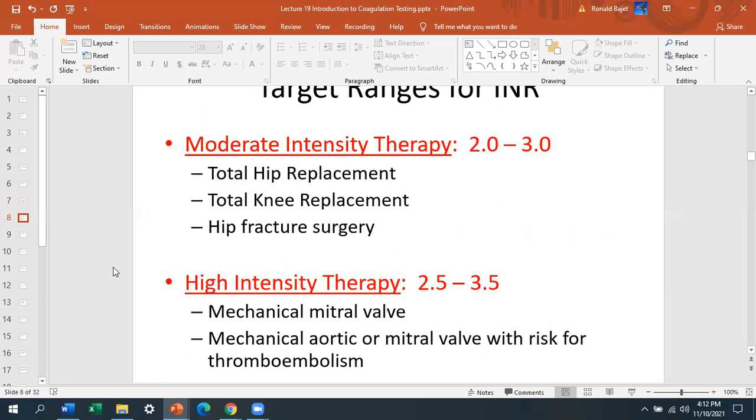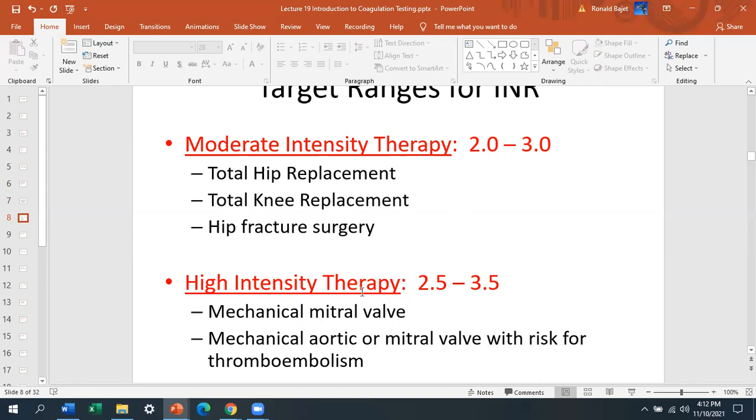INR is also useful after major procedures like hip replacement or total knee replacement. So the doctors have target values for INR. For moderate intensity therapy, like hip replacement, knee replacement, or hip fracture surgery, they're looking for a target of 2.0 to 3.0.